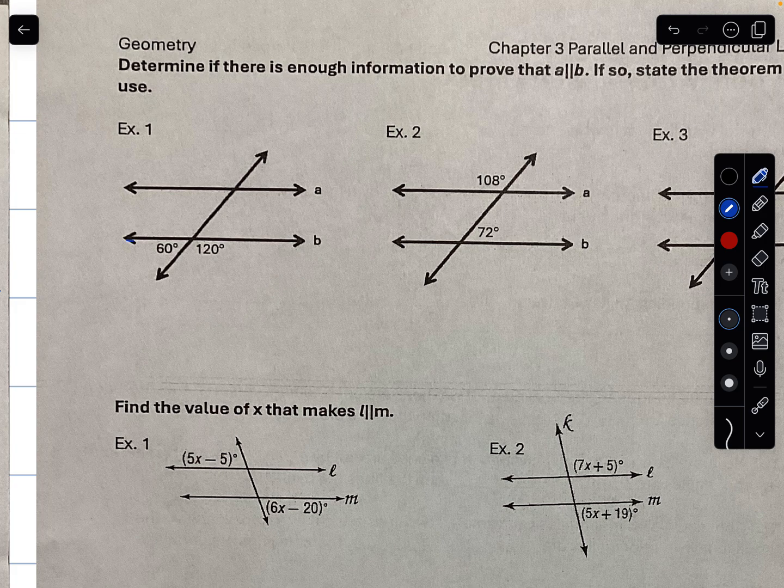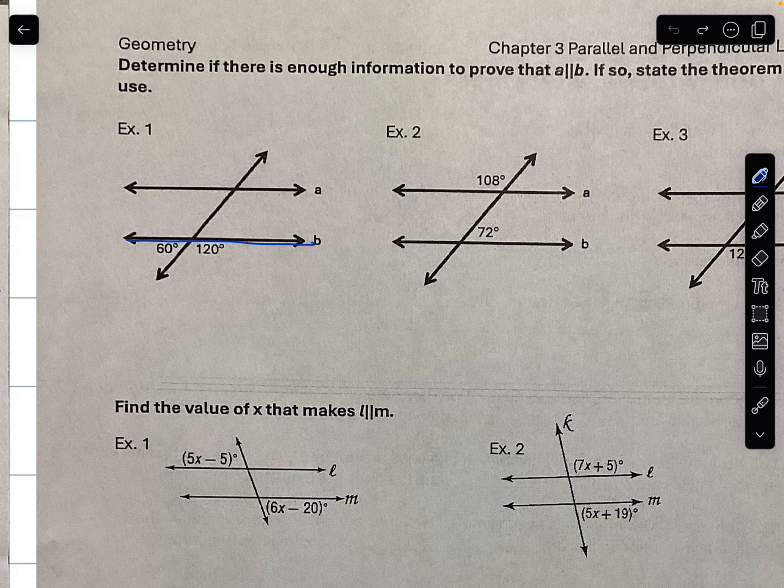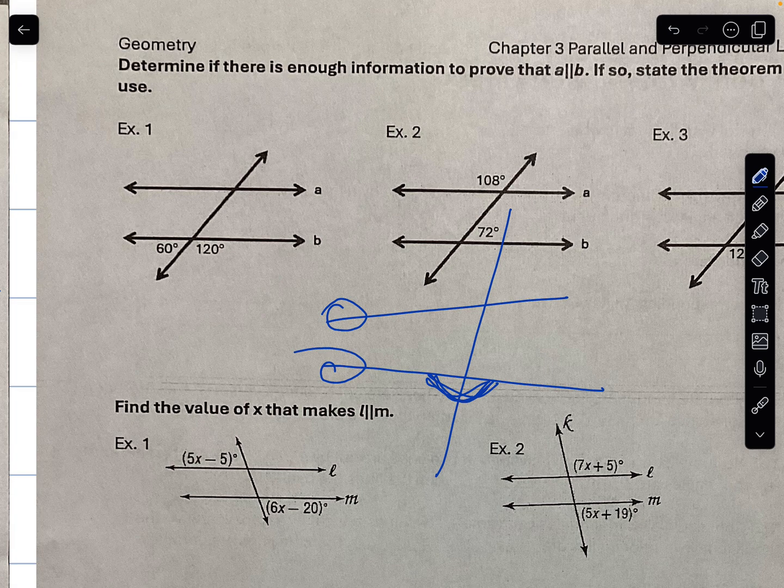But does that mean since these two form a linear pair that B has to be parallel? Is it not possible that A could be off a little bit from a parallel line to B? Yes, right? Because, listen, before we even talked about parallel lines, didn't we have lines that could look like this? Like, let's say it looked like that. Well, these two still form 180 right here. Yeah, but this line and this line are not parallel, are they?